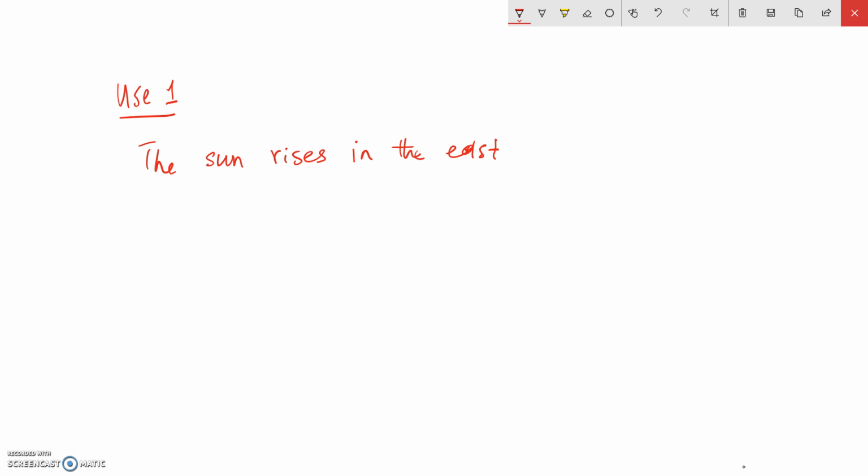There is no change about it. It is something that happens every day on a regular basis. Therefore, we use simple present tense to denote sunrise. If someone goes to work on a regular basis, every day it happens, then we can say he goes to work.